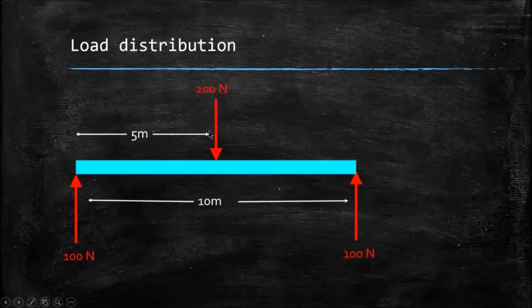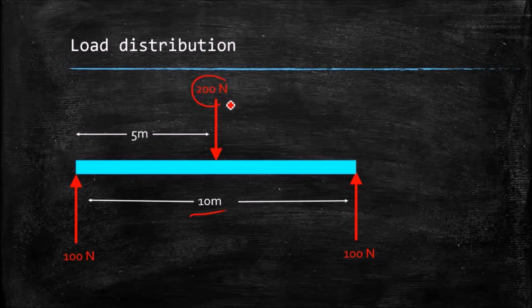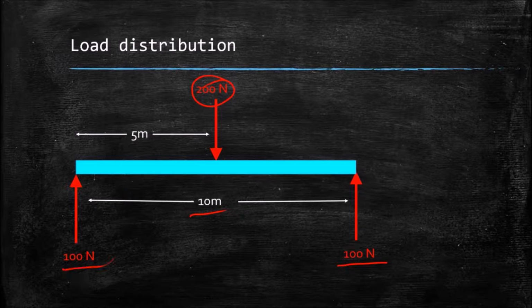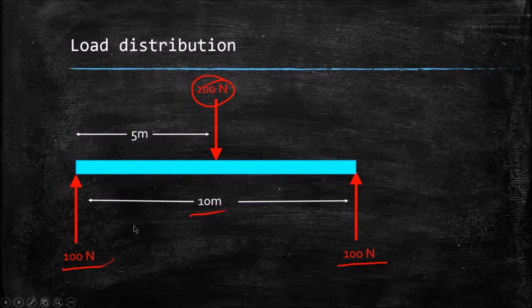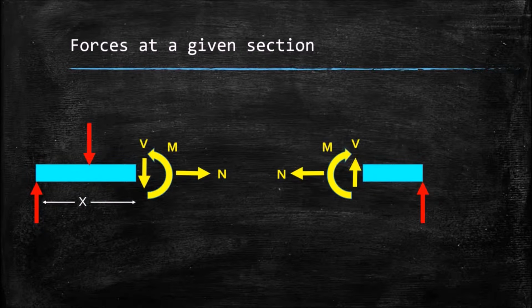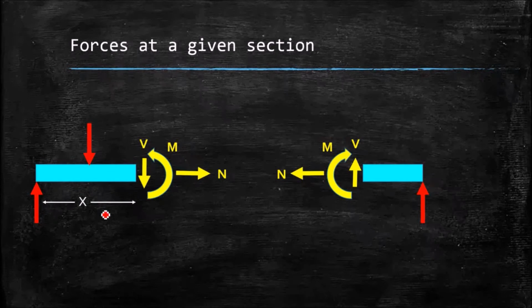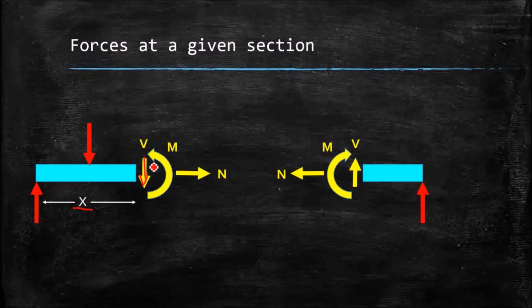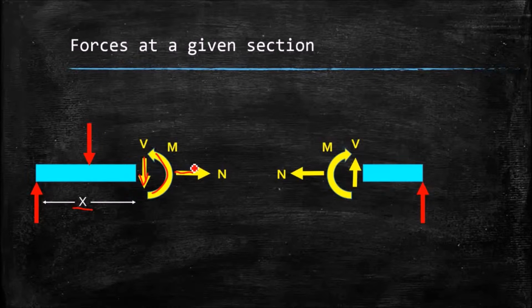So here's our beam. It's 10 meters long. We've got a 200 Newton force applied in the center, and by inspection we can see that we have 100 Newton reaction forces at each end. If I cut that into sections, I can take a piece of that beam, and I've cut it at some distance x, and I want to be able to determine the forces at that section: the shear, the moment, and the normal.